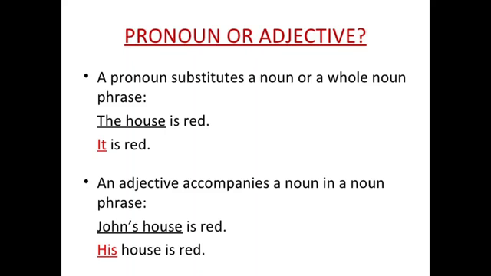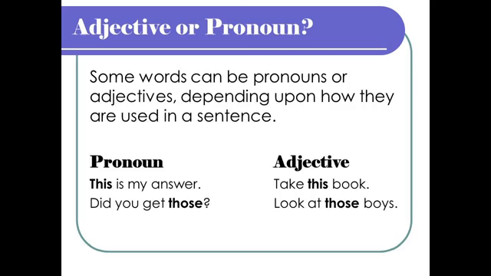How will we find out which one is pronoun or which one is adjective? With the help of this example we can find out. Here also we can see how we can identify whether a particular word is an adjective or a pronoun.